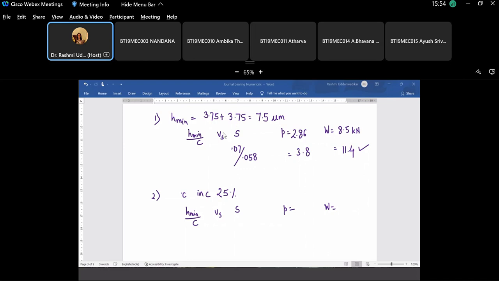B was, if the ground shaft is replaced by a lathe turn shaft, what happens to the load carrying capacity? For which the value of H minimum is 3.75 for both shaft and the bearing, and so the total value of H minimum comes out to be 7.5. Pressure was 3.8, right? So what was the load carrying capacity? Give me the answer.